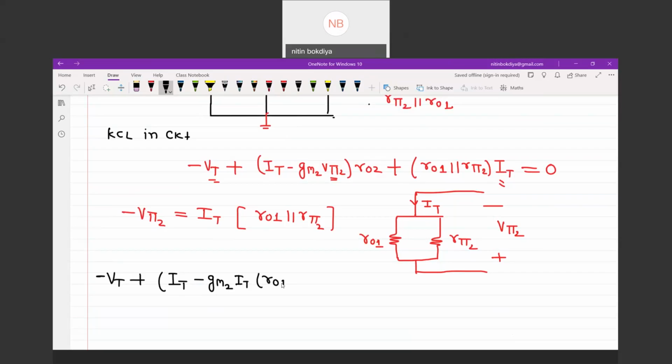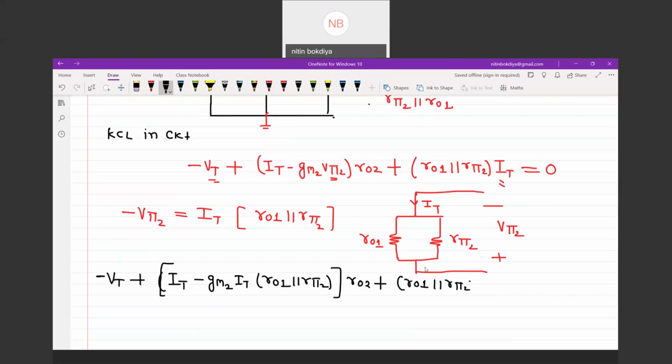R01 in parallel with R pi 2. This whole is multiplied by R02 plus, can I say this resistance is R01 parallel with R pi 2, and we know that R pi 2 is much lesser than R01.